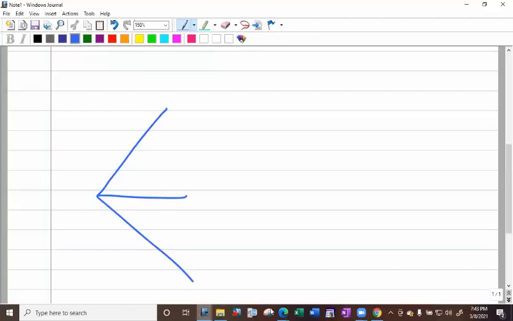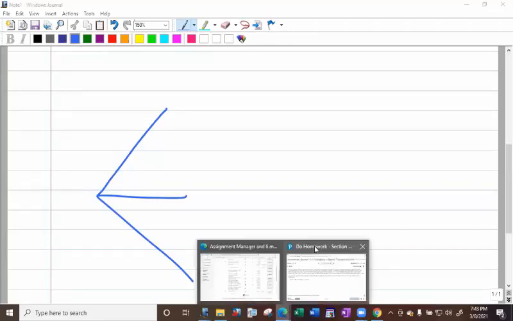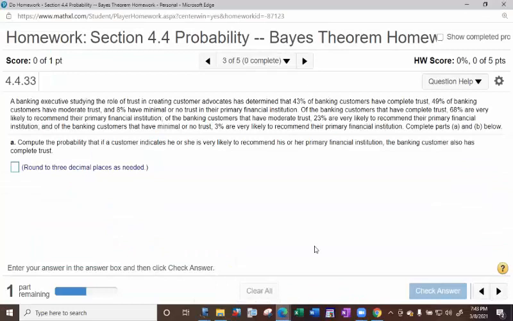I'm going to use C for complete trust, M for moderate, and the one that says minimal or no trust, I can't use M again. I'll just use N as in no trust.